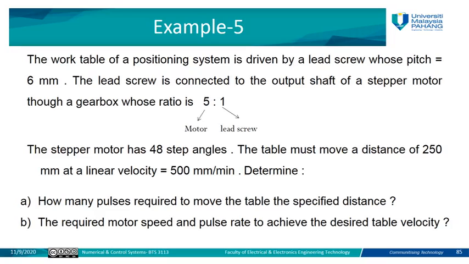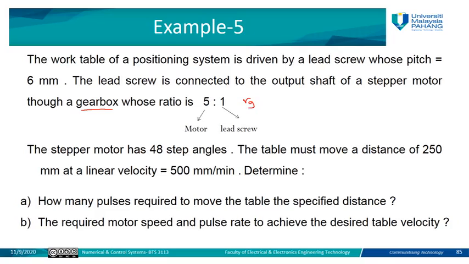So in this example, he said the work table of the positioning system is driven by a lead screw whose pitch equals 6 millimeter. The lead screw is connected to the output shaft of a stepper motor through a gearbox, and he gave you the gearbox ratio here, which is RG.